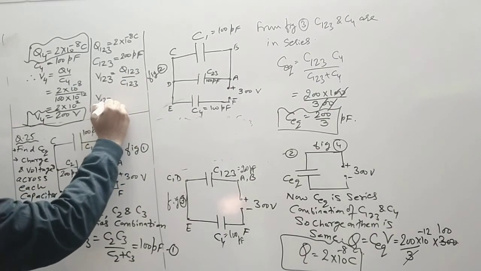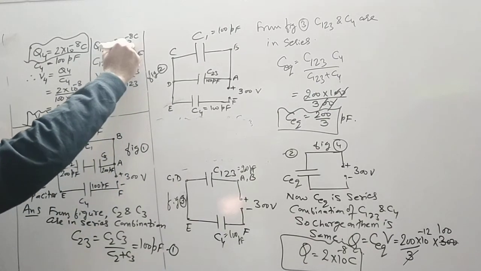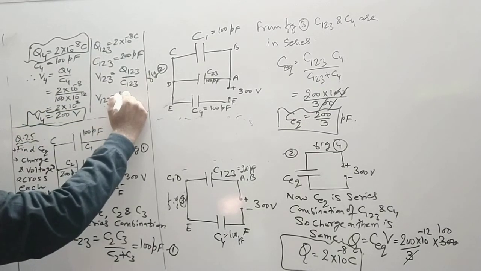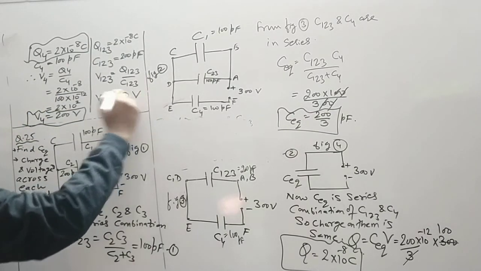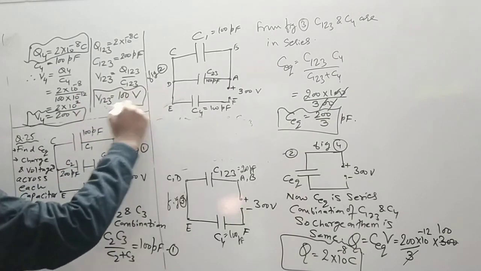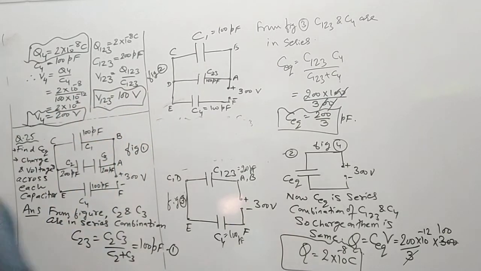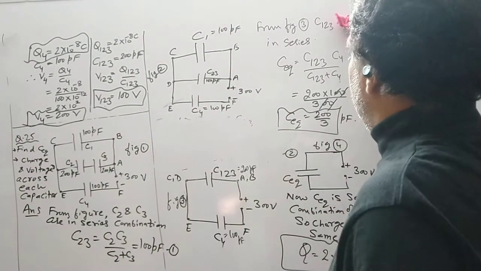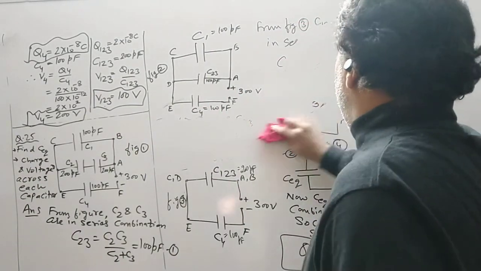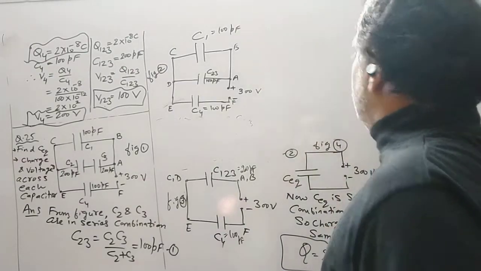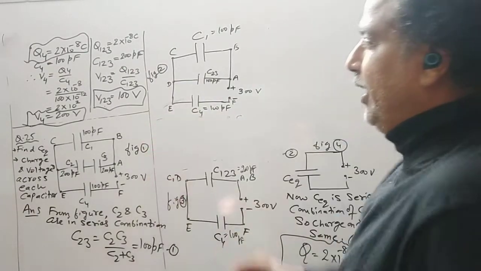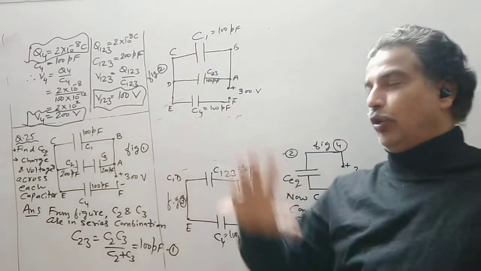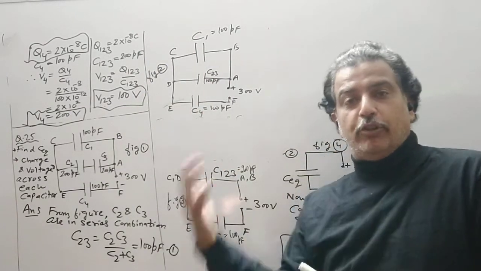If you substitute the value, 2 into 10 raised to minus 8 divided by 200 into 10 raised to minus 12, you will find this as 100 volt. You substitute the value and check this, but it will be clear that it will be 100 volt because 200 was here, so I directly write 100 volt. So I can use that formula also.